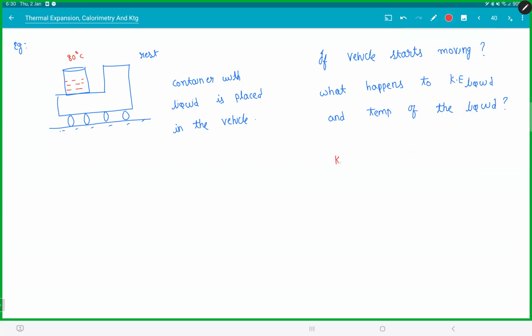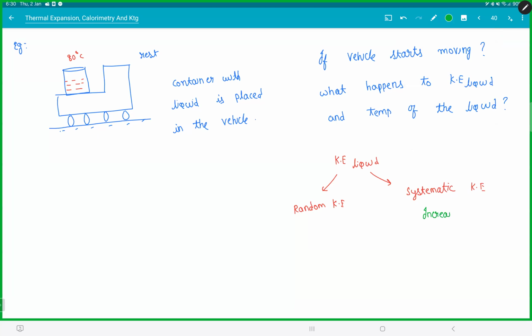Definitely it will increase. Now, the kinetic energy of the liquid has two components. It has a random kinetic energy, the molecules are just moving randomly, and you have a systematic kinetic energy. Now you tell me, is the vehicle going systematically or randomly? Systematically, right? So this component is increasing.